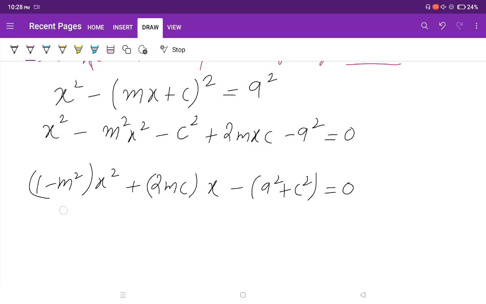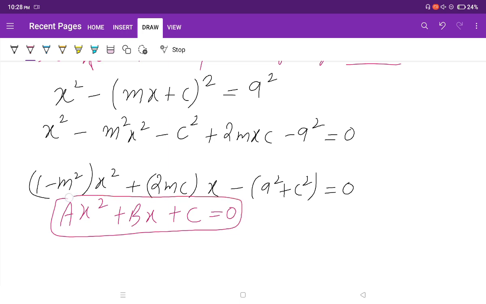Alright, so we have a quadratic equation, say ax square plus bx plus c equals 0.